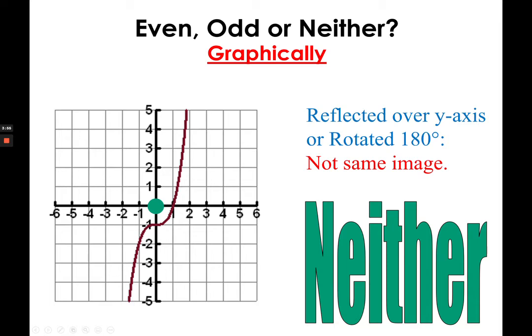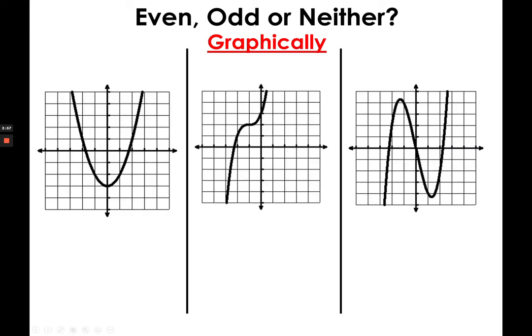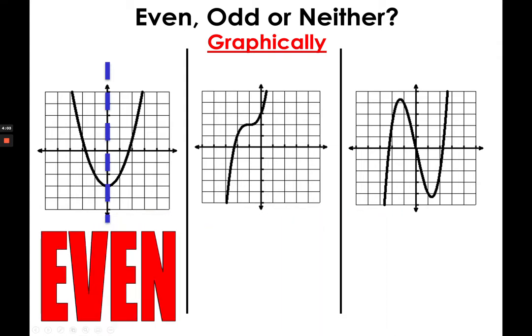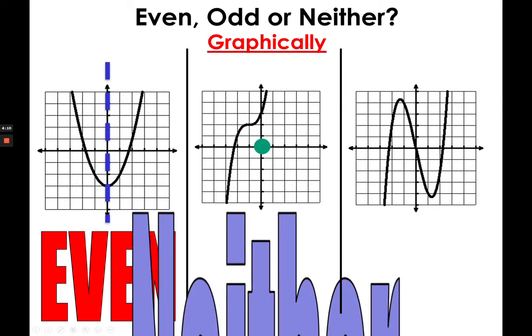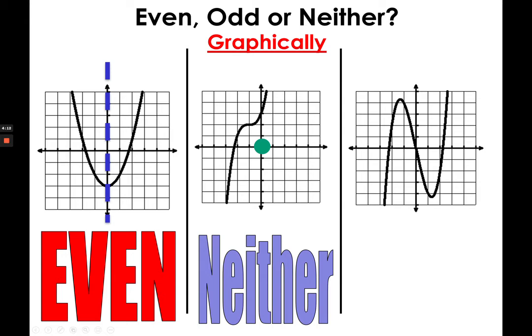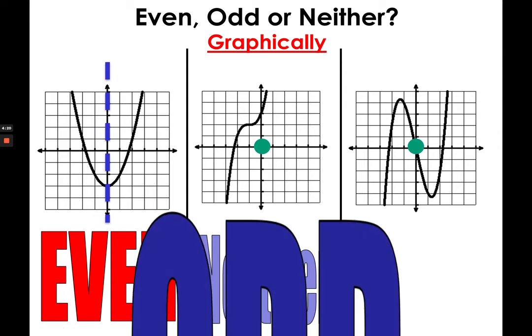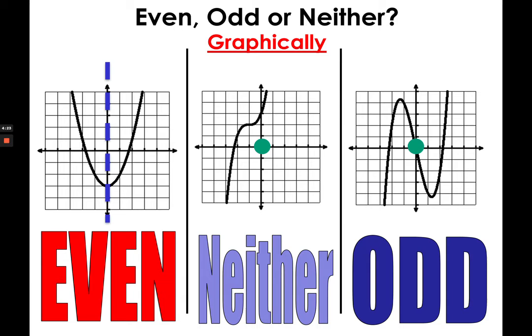Okay, so here is your summary. Looking at your graph, if it is symmetric about the y-axis, it is a case of even. If it is not symmetric, or is not the same image when rotated at the origin, it's neither. But if it's rotated about the origin and it's the same image, then you have the case of an odd function.